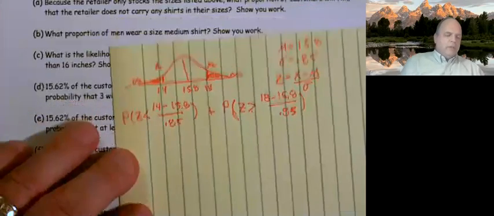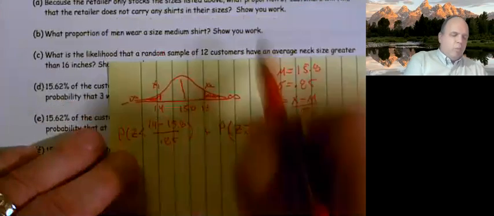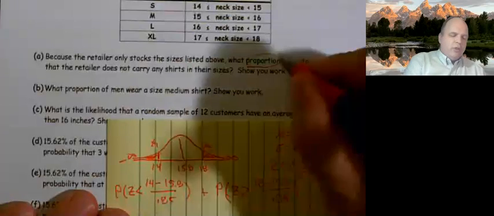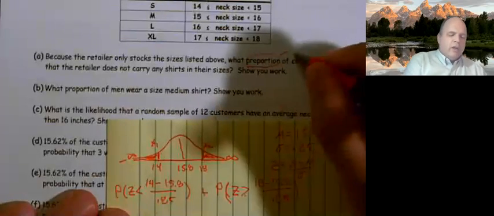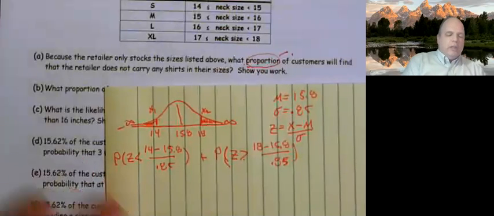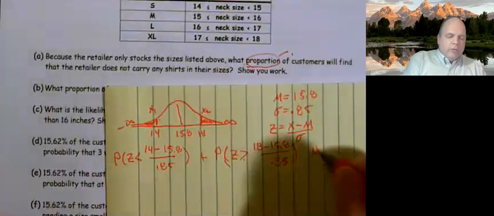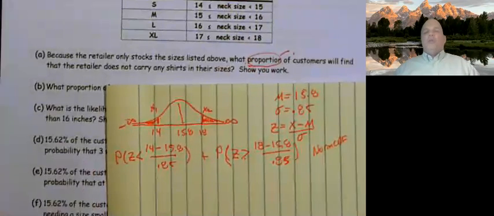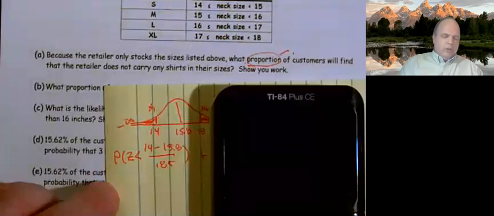Oh, and notice they said what proportion. And since they said proportion, they're asking for an area. So if you're asking for an area, you're looking at a norm CDF, because they're asking for an area, proportion, probability, percent. So I'm going to do norm CDF for both of these.